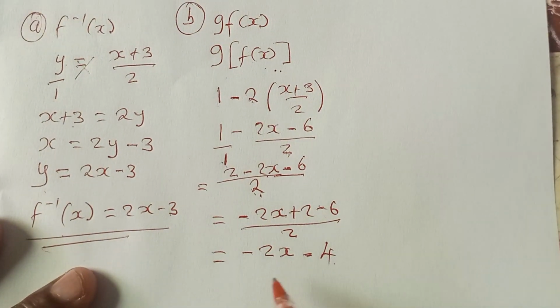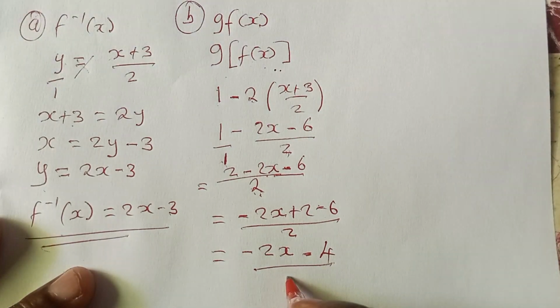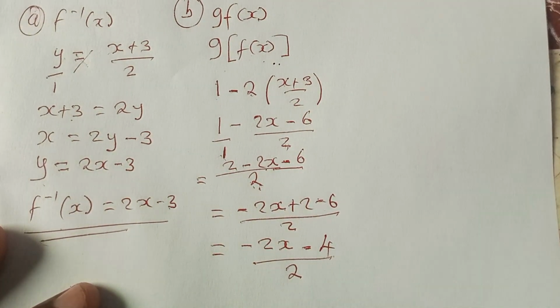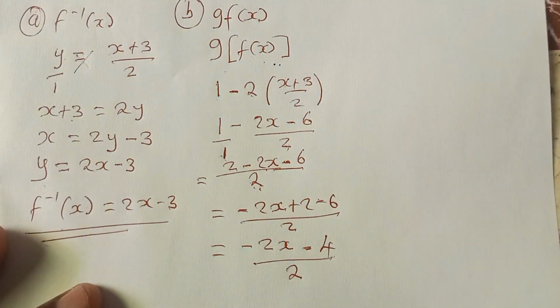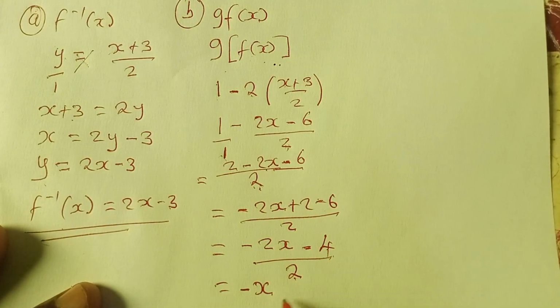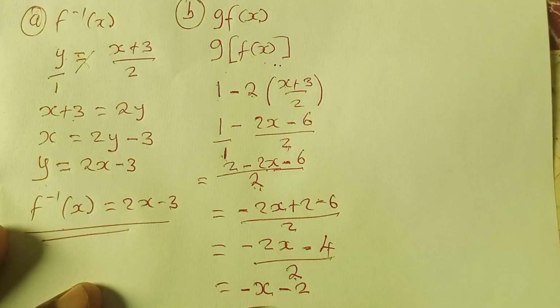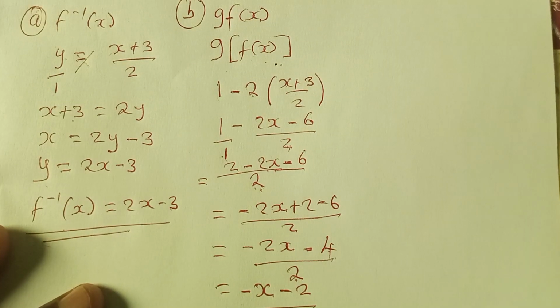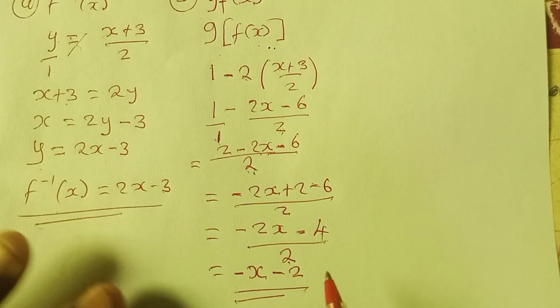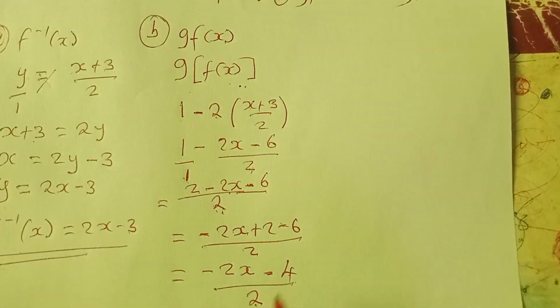So that is the new expression that we have over 2: negative 2x minus 4 over 2. So we can divide. 2 goes into 2 one time, so we have x. Then 2 goes into 4 two times. Therefore this one is going to be negative x minus 2. Okay, we are done. Then we go to the last one.